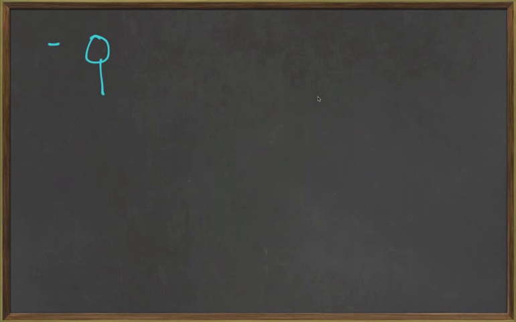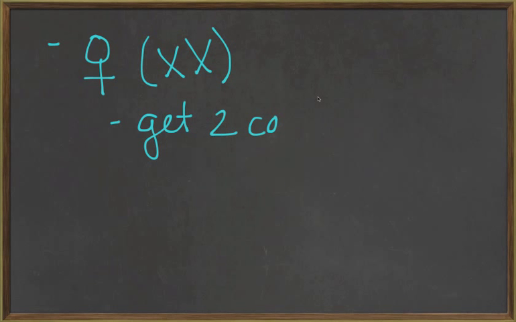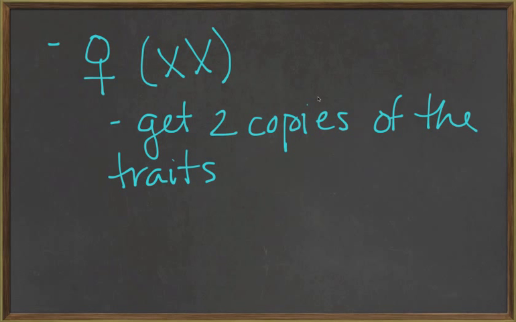For my females, remember you are going to be XX. You do obey that previous thing where you will have 2 alleles for every single trait. You get 2 copies of the traits because you have 2 X's.